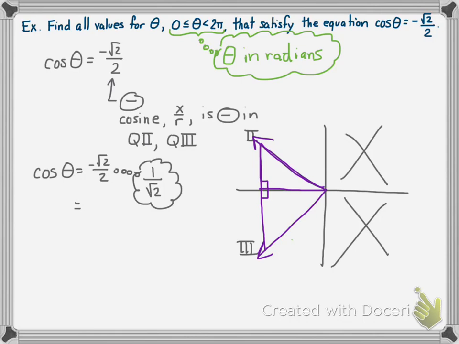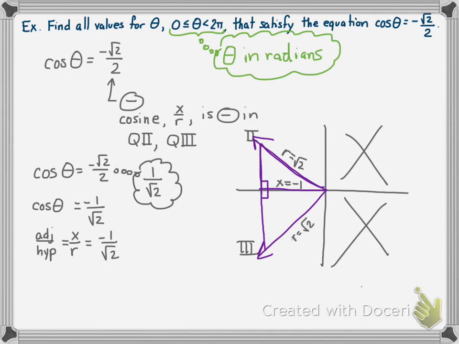And that's helpful because I can then think of cosine of theta as negative 1 over square root of 2. The cosine function is x over r, or adjacent over hypotenuse. So if I label the x side on my triangles, my x is negative 1. That makes sense because we're on the negative x side. And our r value is square root of 2. And that's true on both triangles.